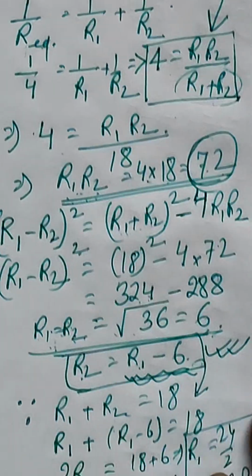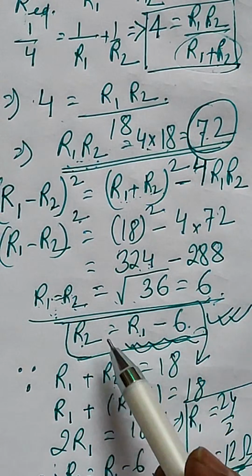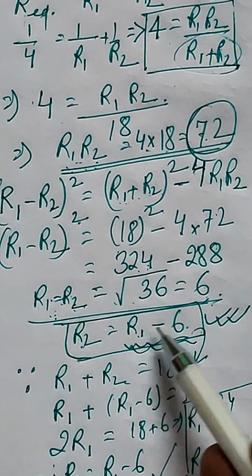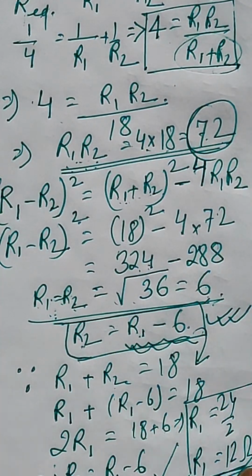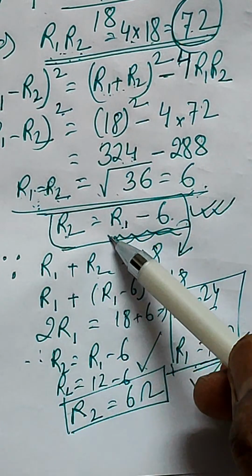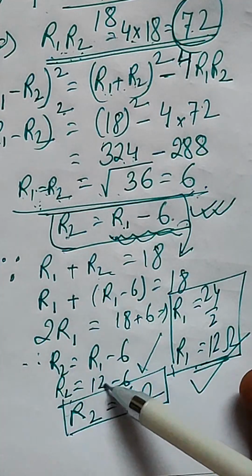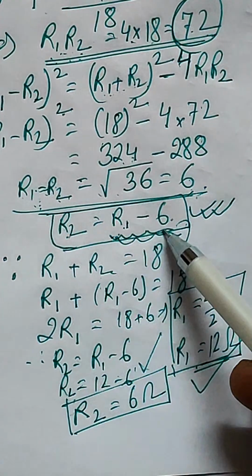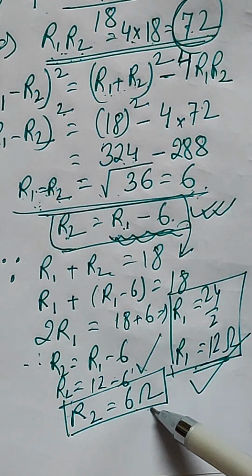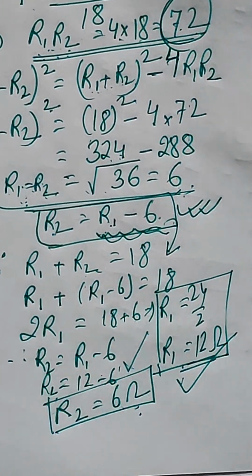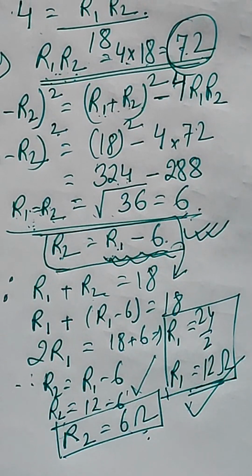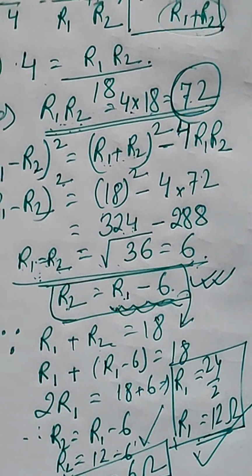We substituted the value of R2 in terms of R1 and solved it, and we get the value of R1 as 12 ohm. Using the same equation we get the value of R2 as 12 minus 6, which is 6 ohm. So in this way both the values of resistances have been identified. One is 12 ohm, another is 6 ohm.